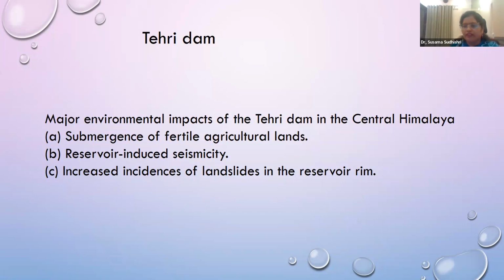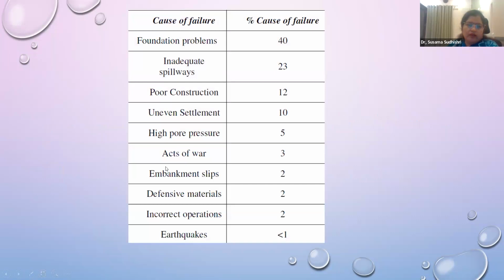If there is an earthquake of magnitude more than 10, then there will be great havoc in the whole of Uttarakhand and UP, even up to Delhi. That much problem we can face if there is a problem in Tehri Dam.